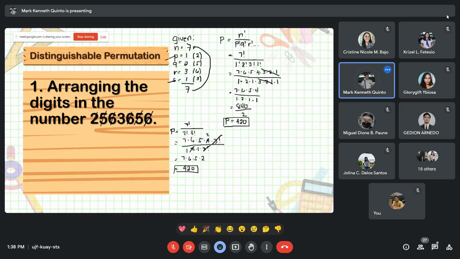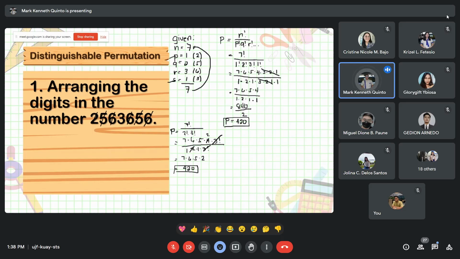Nakuha po ba? Ganito po siya. So, we have 7 factorial divide by open parenthesis 2 factorial, tapos close parenthesis, 3 factorial is equal to 420.